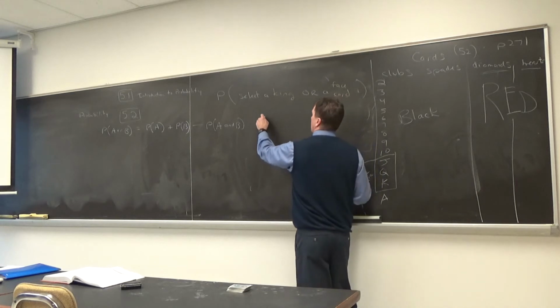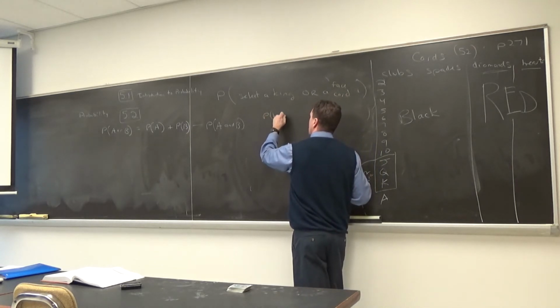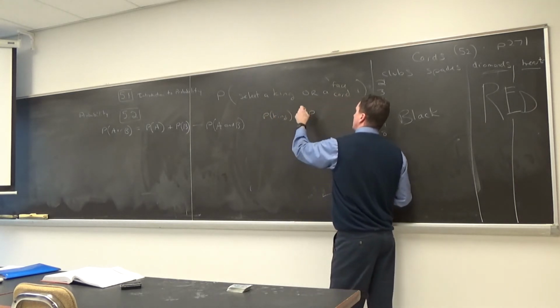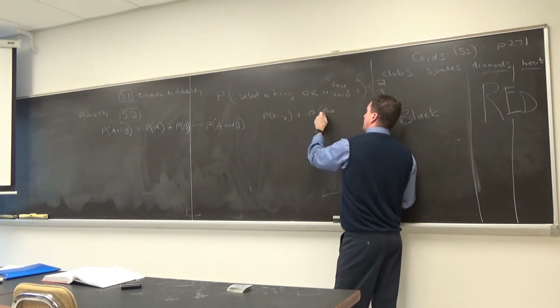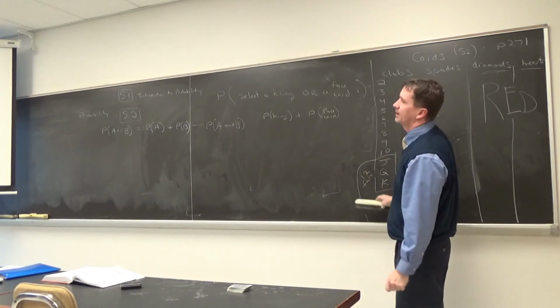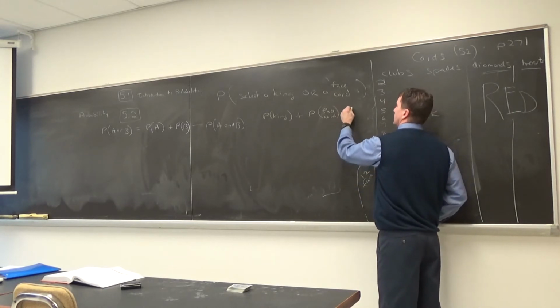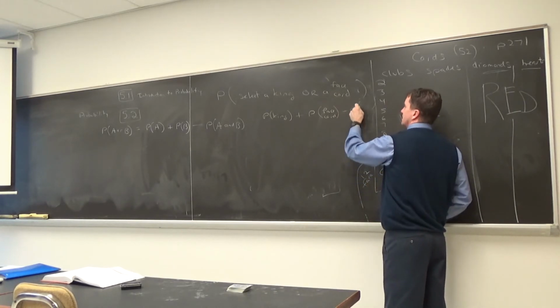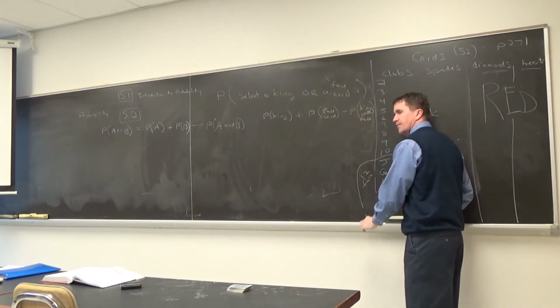So I'll do, what's the probability of the king? I'll add to the probability that's a face card. But I have to subtract out the probability it's a king and a face at the same time.